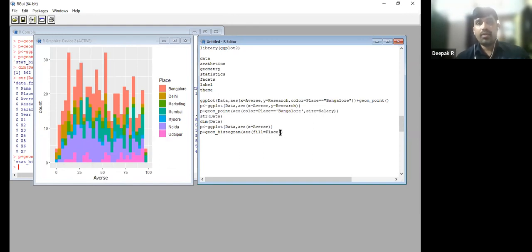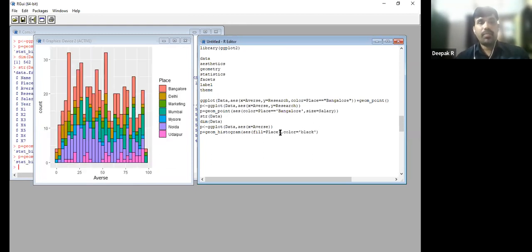And if I color this data, this gives me the awareness of the investors across the places.